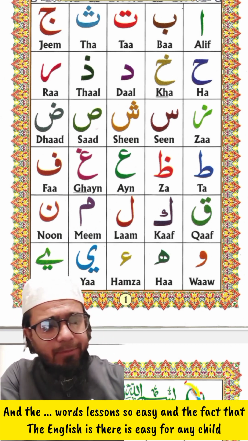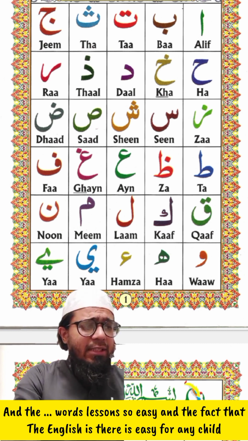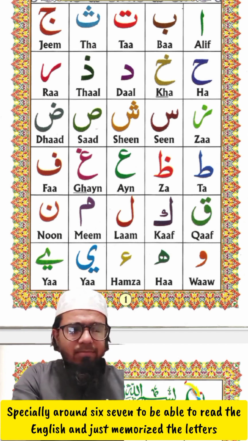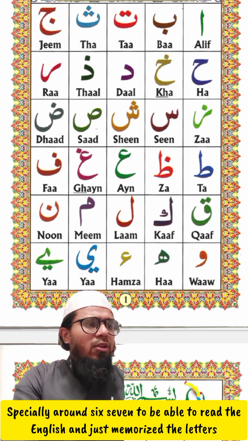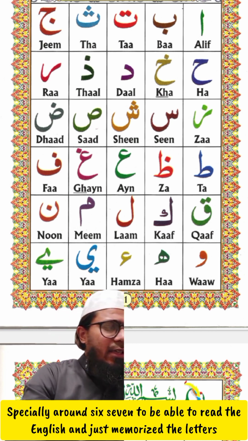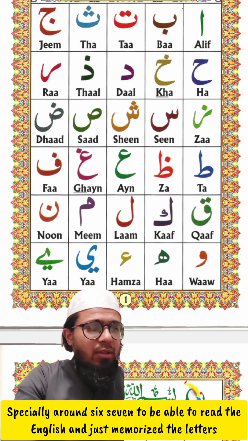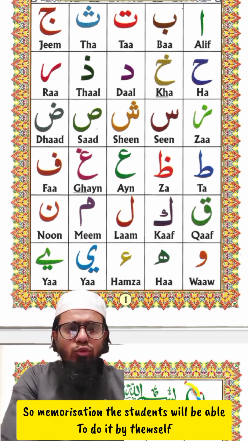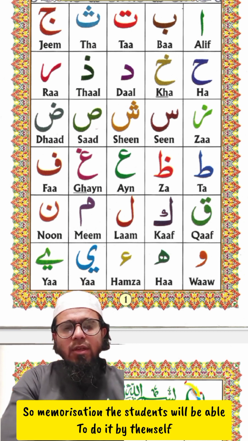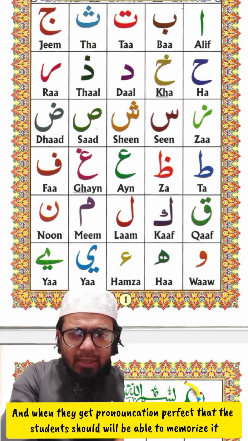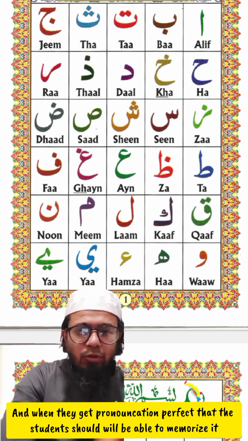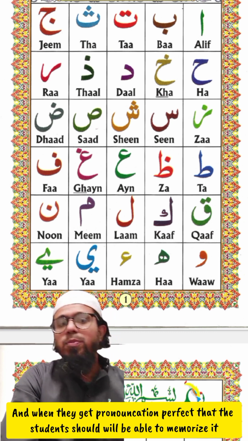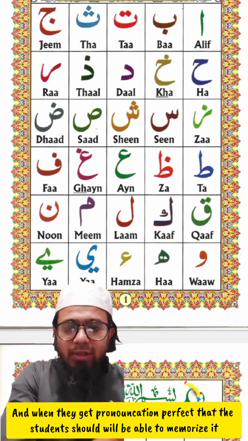And the fact that the English is there, it's easy for any child, especially around the age of 6, 7, to be able to read the English and just memorize the letters. So memorization, the students should be able to do by themselves, and whether they get the pronunciation perfect or not, in that lesson the students should be able to sit by themselves and memorize it.